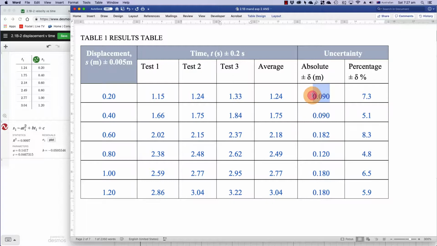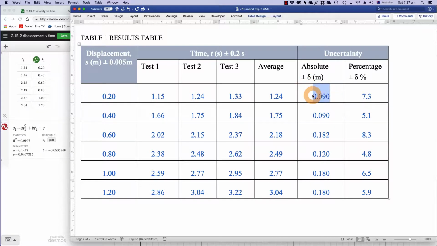So the absolute error is the difference between the average, in this case, and the smallest. It may be the average and the largest, depending on which value gives you the greatest absolute error.